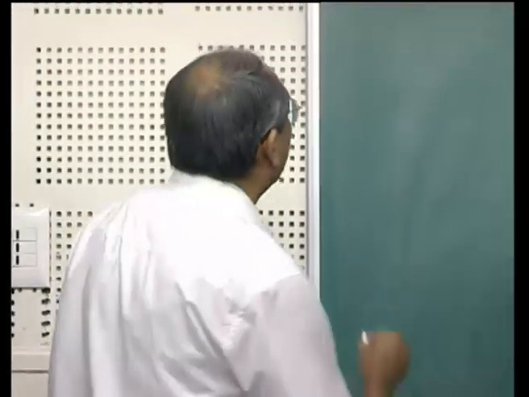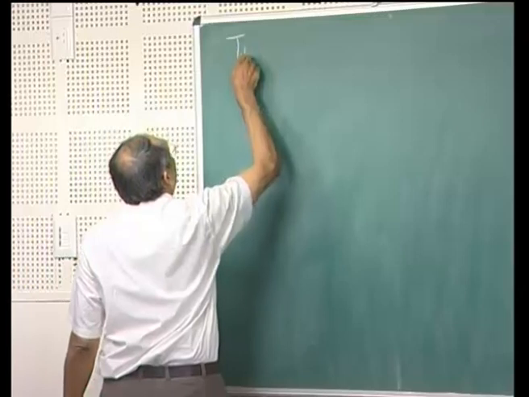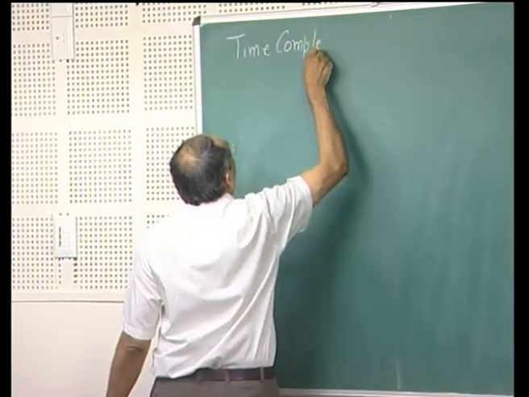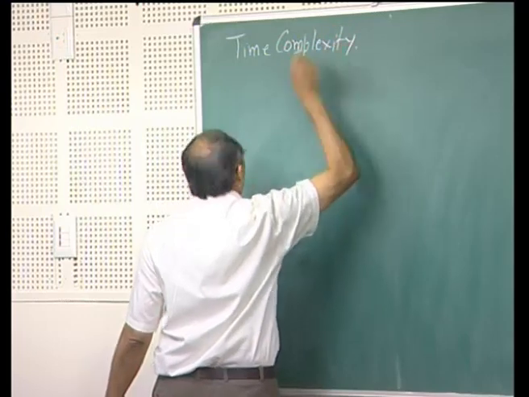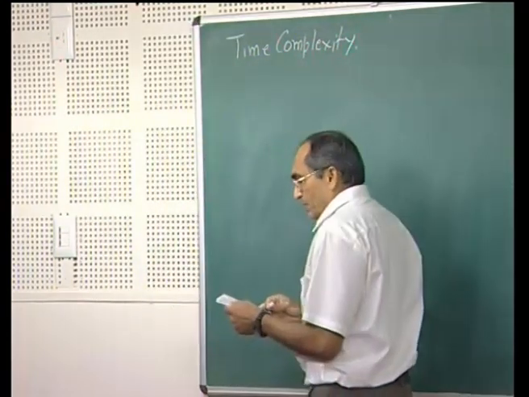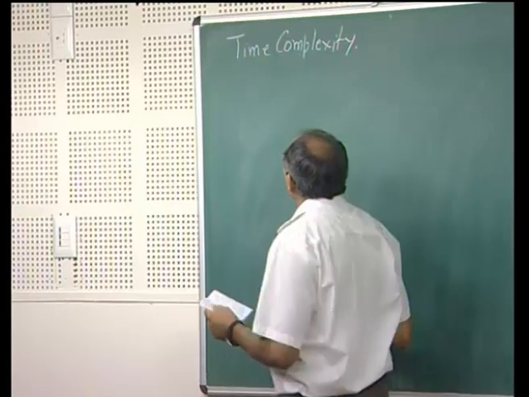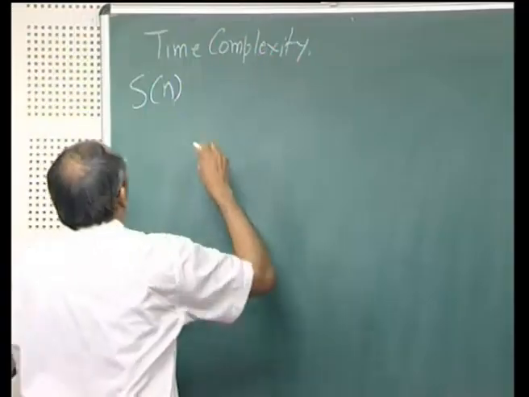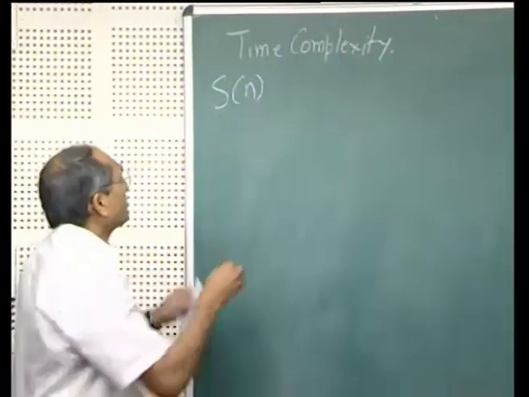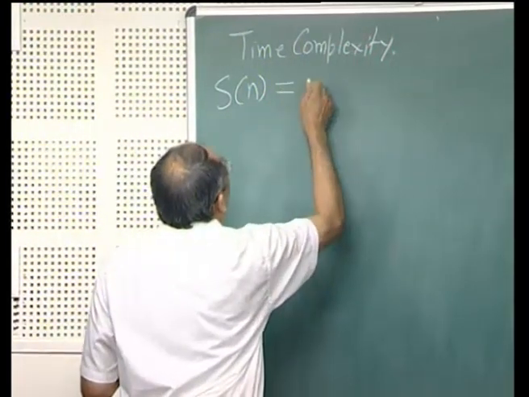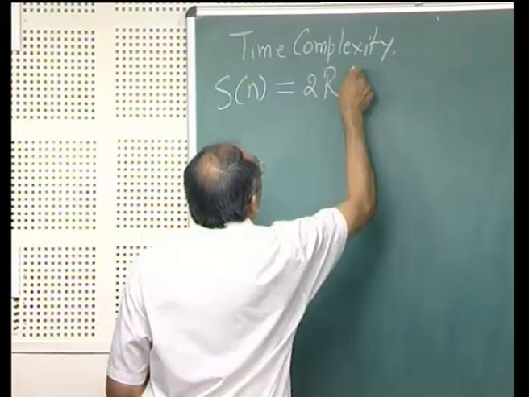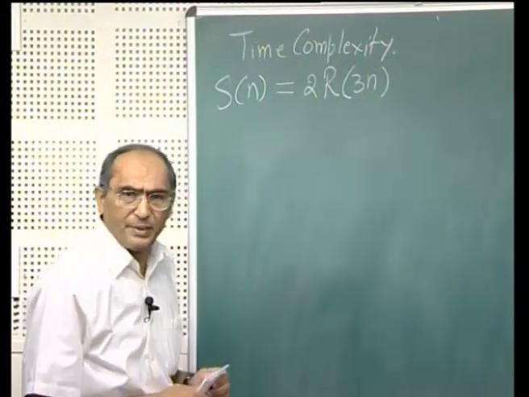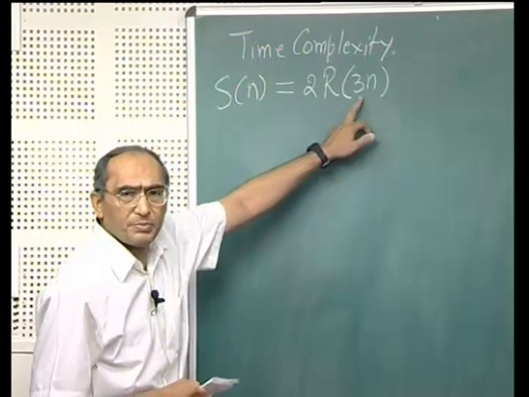So, the time complexity of the squaring: well, what we have done is we have computed two reciprocals. So, S of n, squaring a polynomial of degree n minus 1, we have computed two reciprocals of degree 3n each, because we multiplied p and p plus 1 both by x to the power 2n.